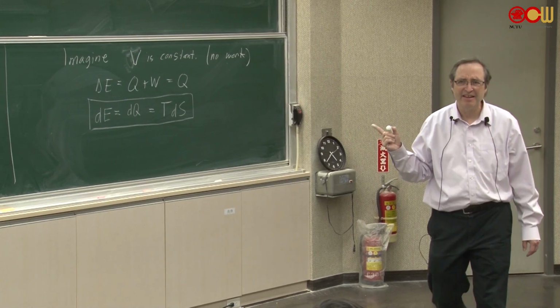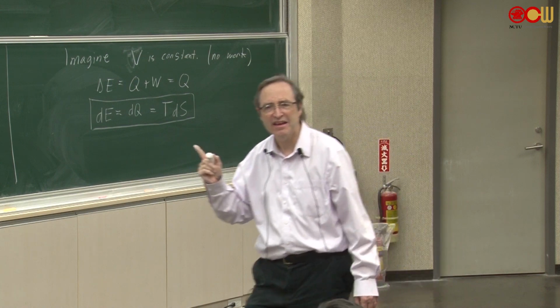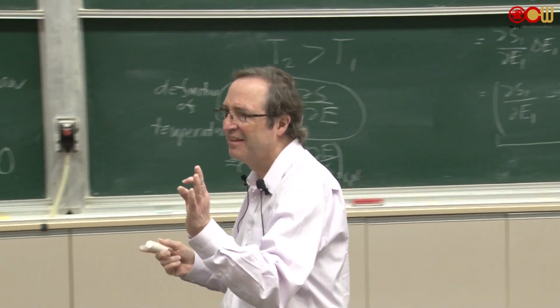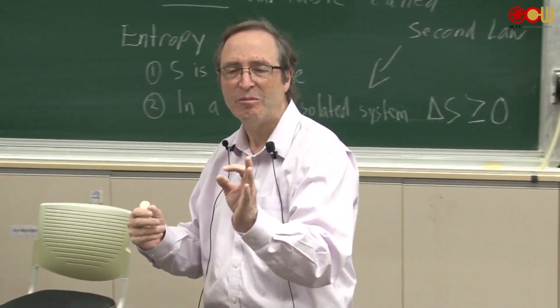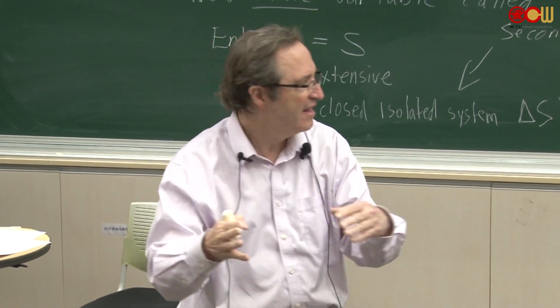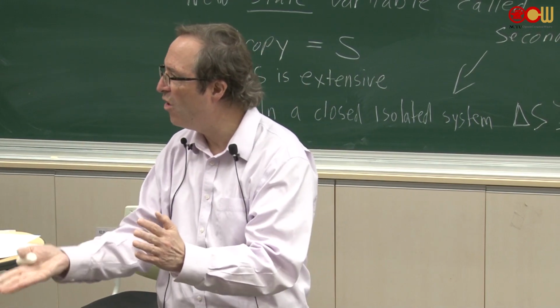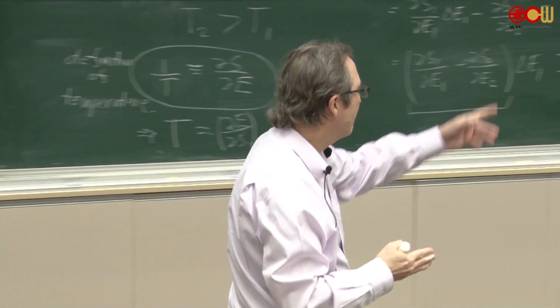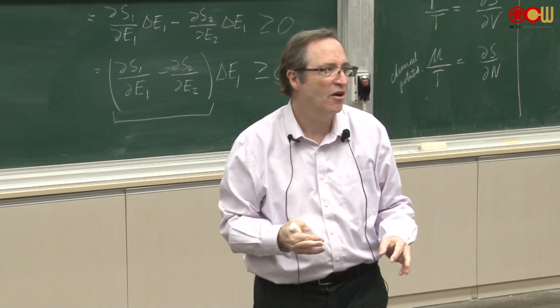That also is pretty astounding. Think about it. We now have a way of getting at changes in entropy. The changes in entropy are related to energy moving from one system to another. And then we have that prefactor, the temperature, to go in there.